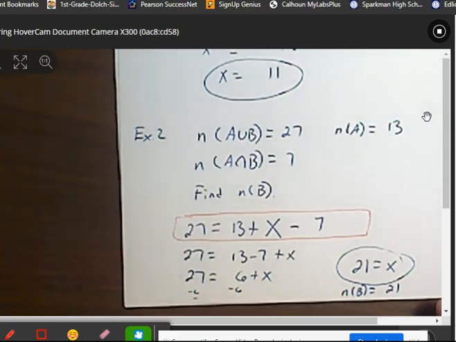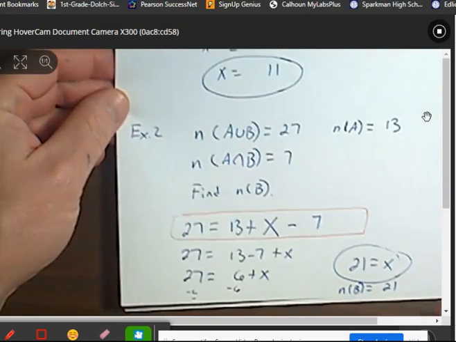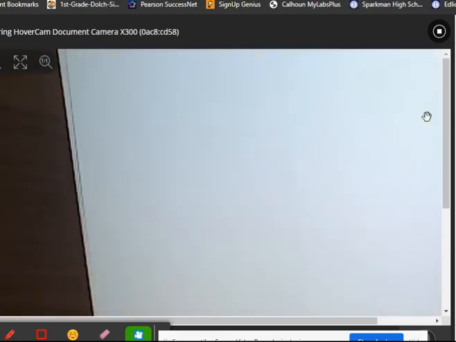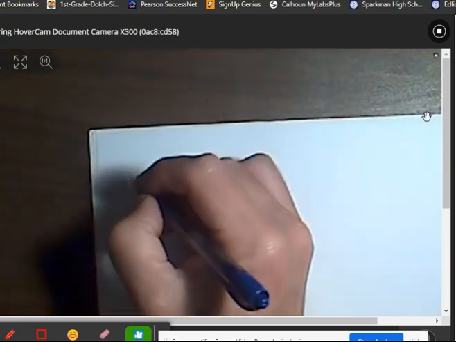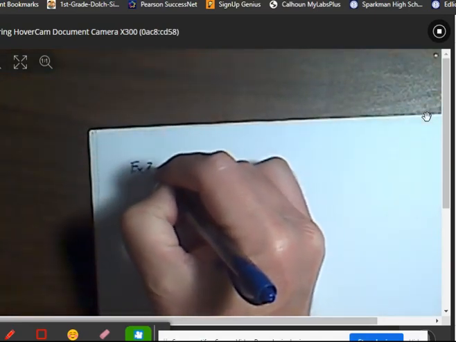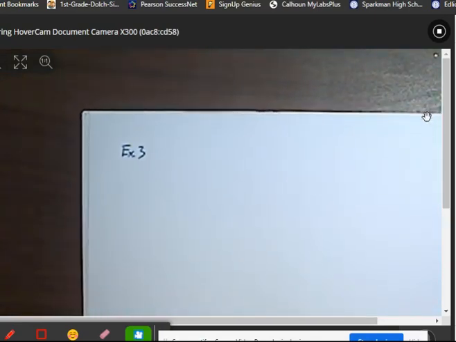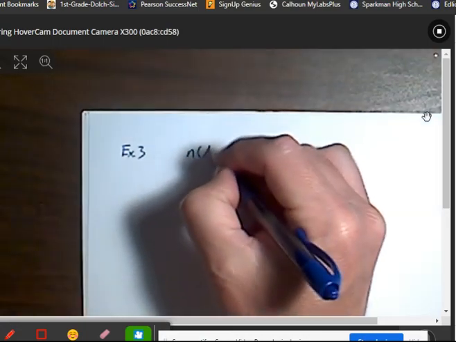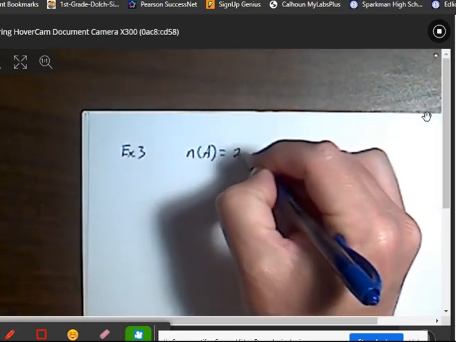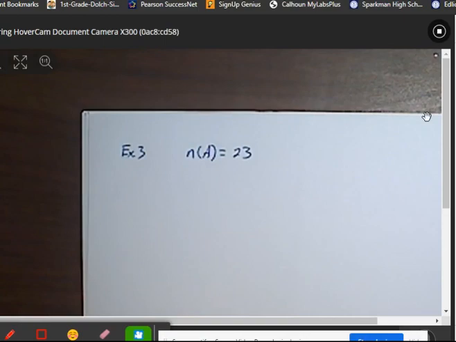Okay, and then where they're going to get a little sneaky. This is one where they'll make you use a Venn diagram to get there. I tried to do this one without a Venn diagram and I couldn't, so we'll go back and make this one out to be a Venn diagram. The number of A is 23.